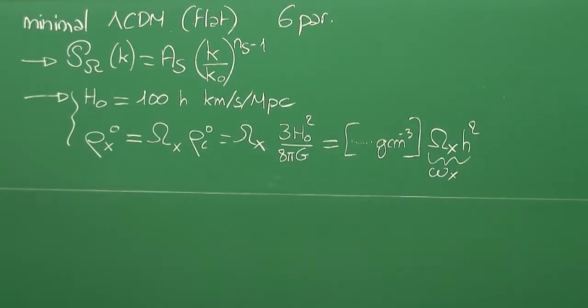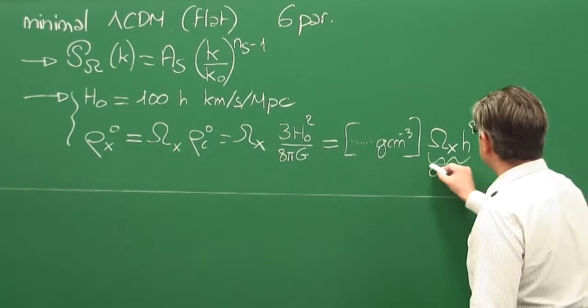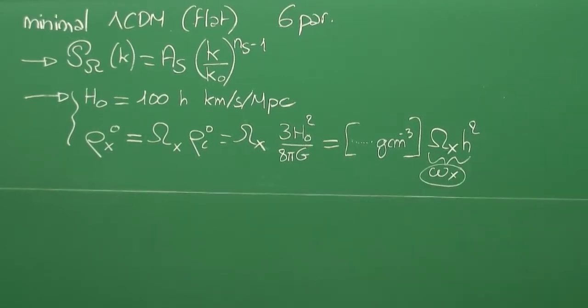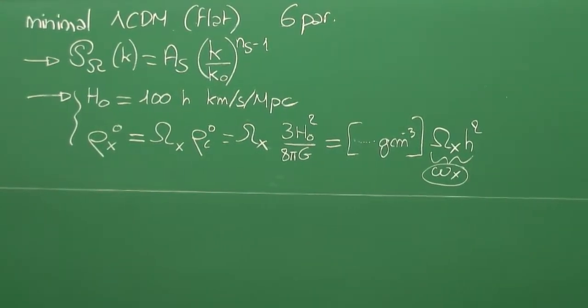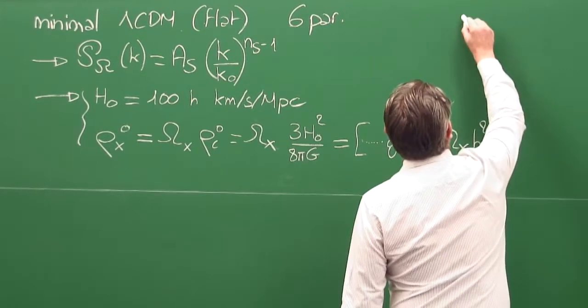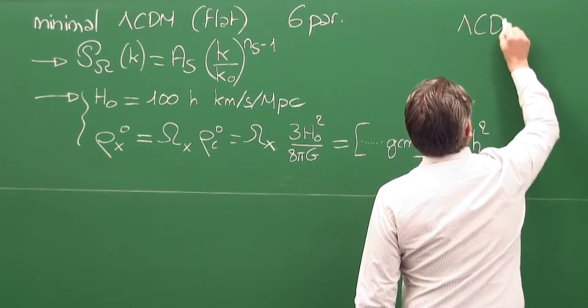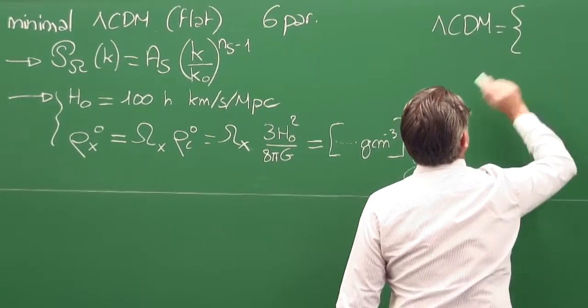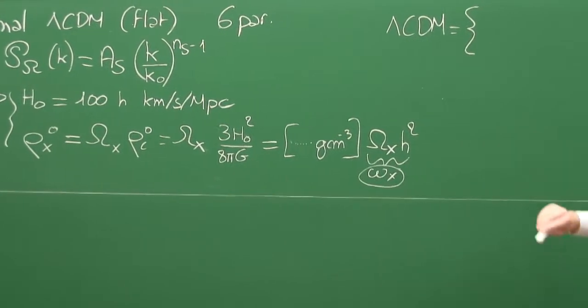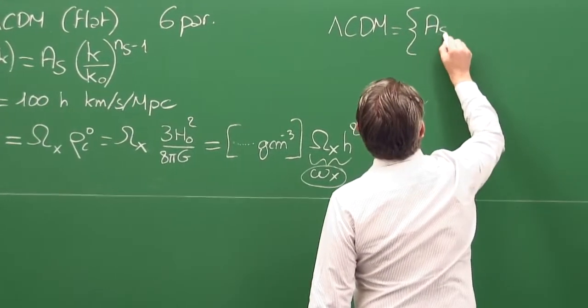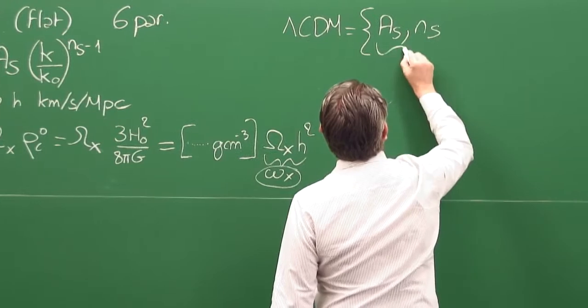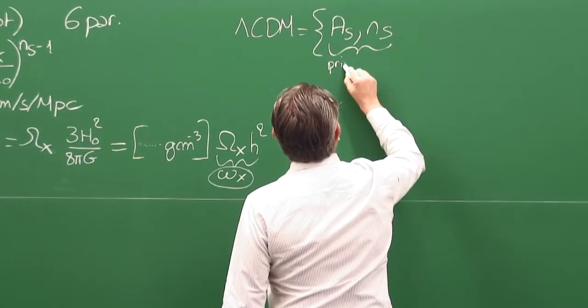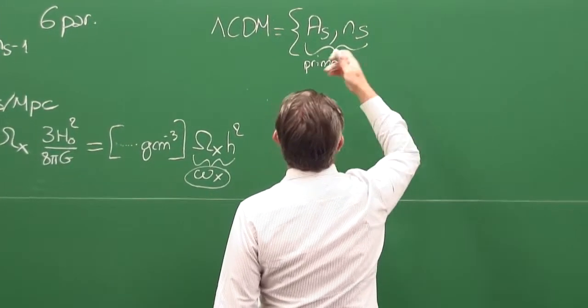So physical densities are parametrized by this dimensionless number small omega. Now, the parameters of lambda CDM are the following. We have 2 parameters for primordial perturbations, the amplitude and the tilt. And these are supposed to be predicted by some inflationary model.